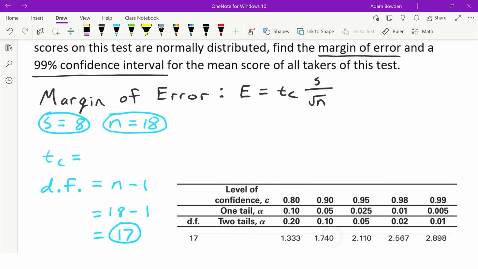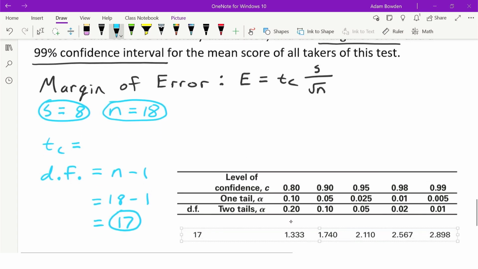So going through the t-distribution table to find the degrees of freedom here, if we go down there, we'll find that for degrees of freedom 17, we're also looking for the 99% confidence interval. So that means 0.99 under level of confidence.